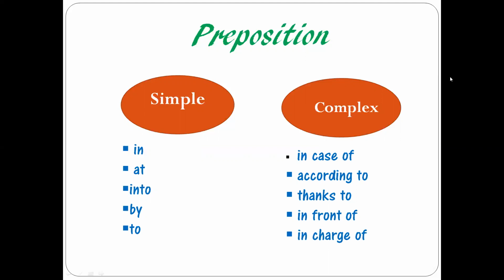Here you need to understand one thing, that you cannot change them. If we use "of" with "in case", you cannot use any other preposition. You cannot say "in case to" or "in case with", right? If it is "of", then you have to use "of" with "in case". So all these groups come under the category of complex preposition.